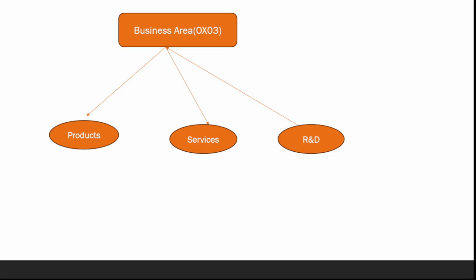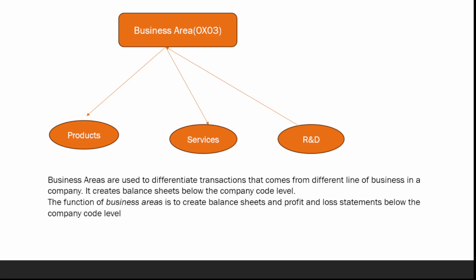For this reason, it is not possible to create the legally required financial statement and tax report at the business area level, and that is done at the company code level. So at business area level we cannot create the legally required financial statements. This is only for your analysis or reporting purposes.